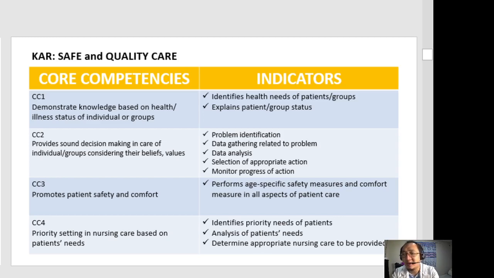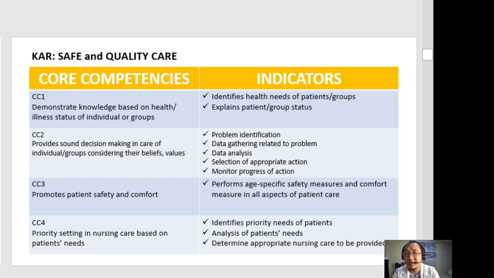You do interventions, you do actions that also consider the safety of your patient. If ever the intervention is not for safety per se, all other interventions should be done with safety and comfort. That's why every time you do procedures, you always ensure the safety and the comfort of your client.